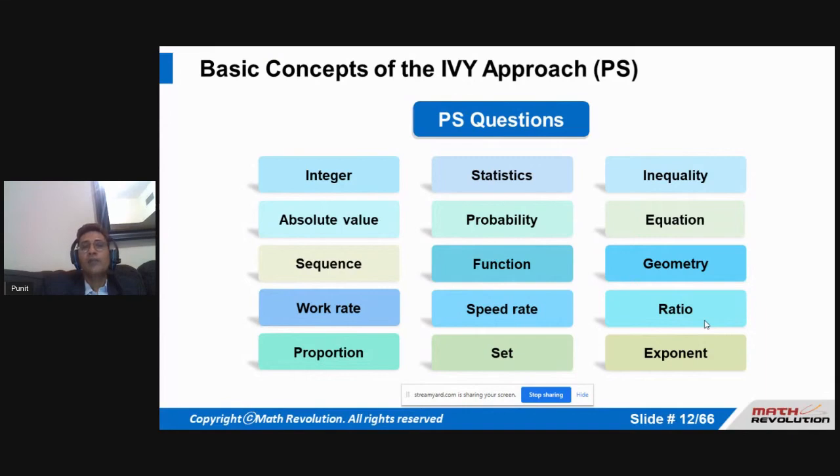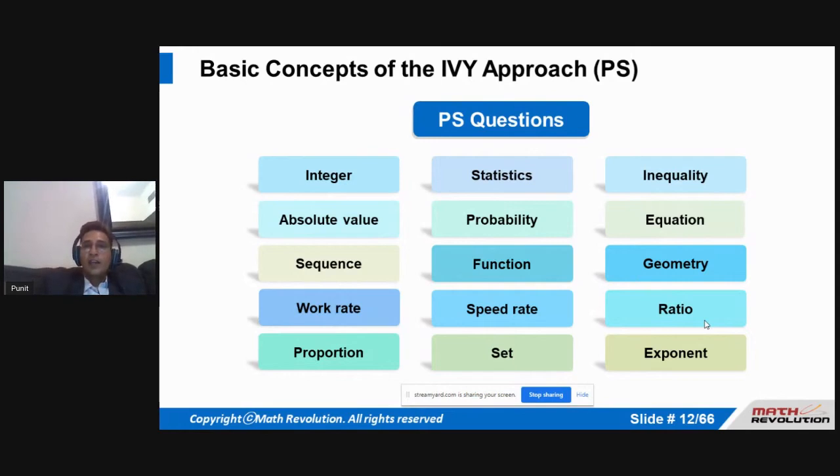If you can get a hold of this particular set of topics for both PS and DS, you're already at Q45. Then you just have to jump to 48 and then 50, 51. So this is how your planning should be.